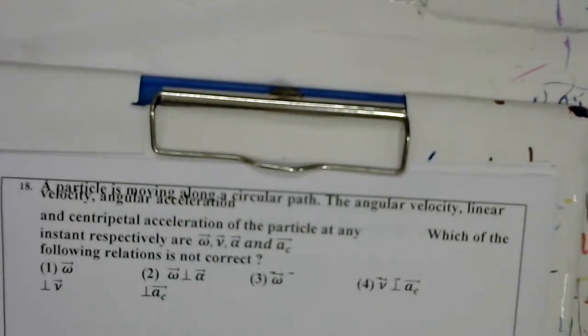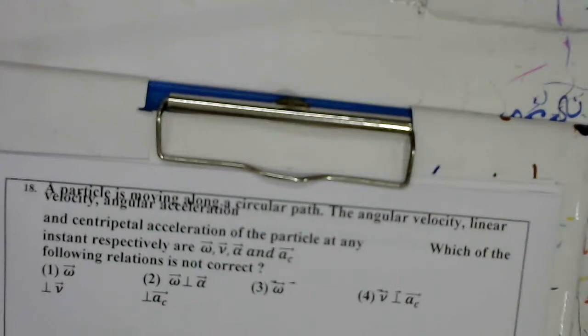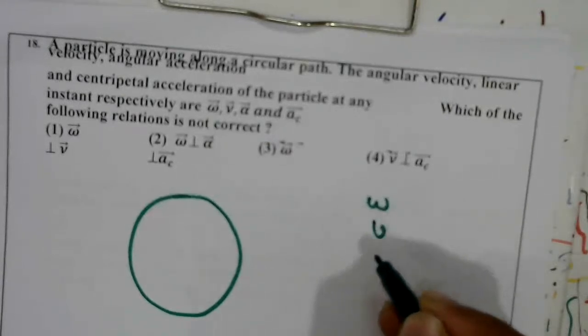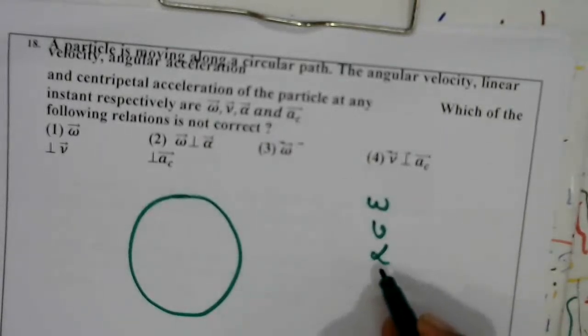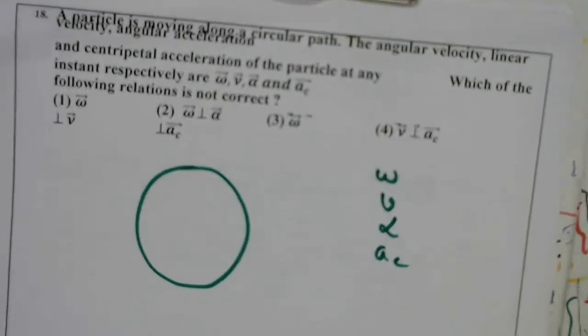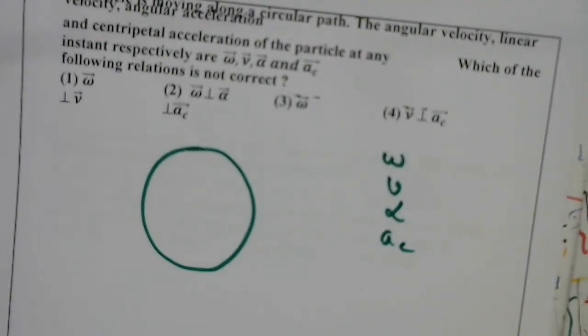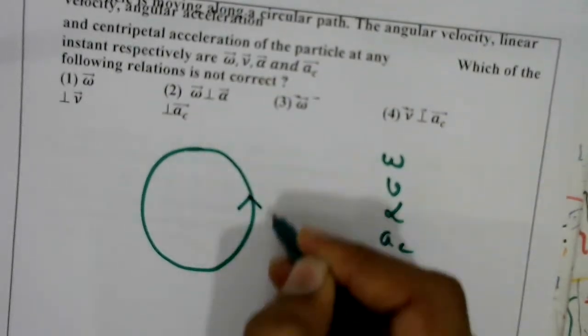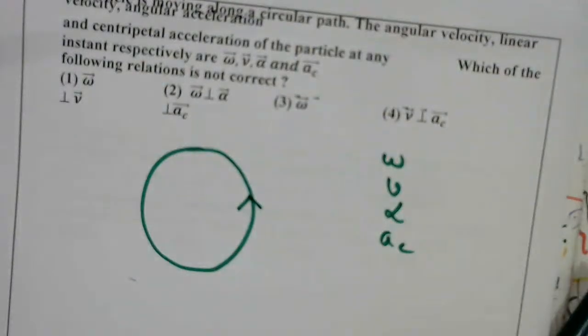Okay, next one. Question number 18. A particle is moving along a circle with angular velocity omega, linear velocity v, angular acceleration alpha, centripetal acceleration ac. I'll show the direction over here. This particle is moving in this direction.